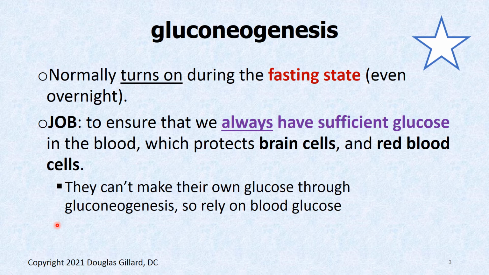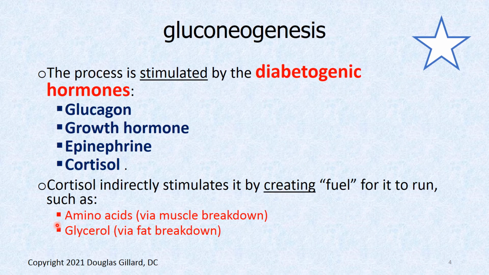Remember the brain cells and red blood cells, and there's other cells too, that they can't run glycolysis. They can't make their own glucose. So they rely on blood glucose to stay alive, and you definitely don't want your brain cells dying, right? So it's a very important process.